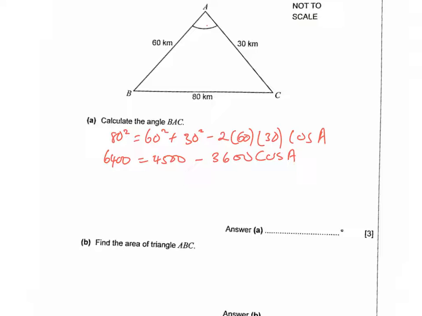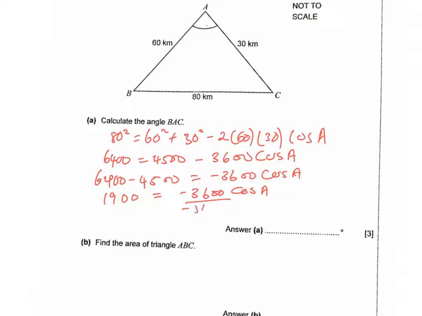Collect like terms, this one should come here, so you have 64 minus 45 equals to negative 36 cos A. If you subtract here, you have 1,900 equals to negative 36 cos A. Divide by negative 36, divide by negative 36, and then you have cos A equals negative 19 over 36.